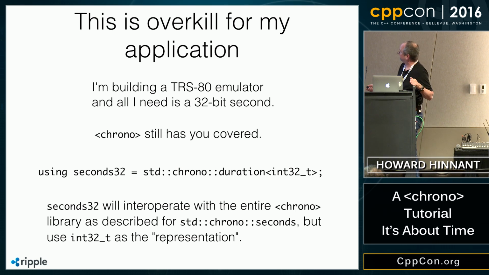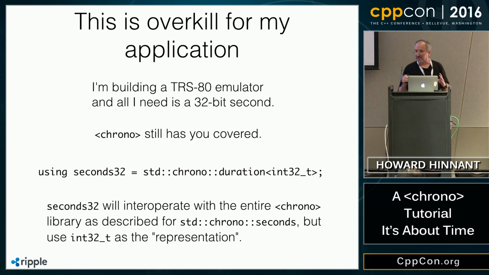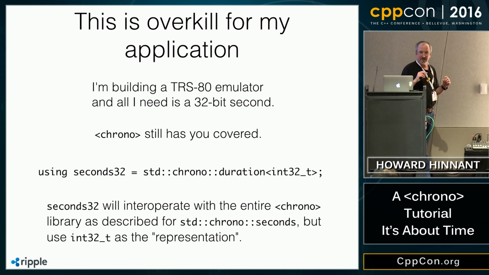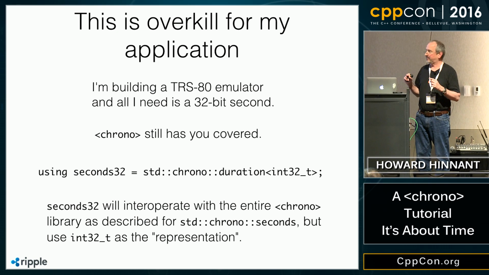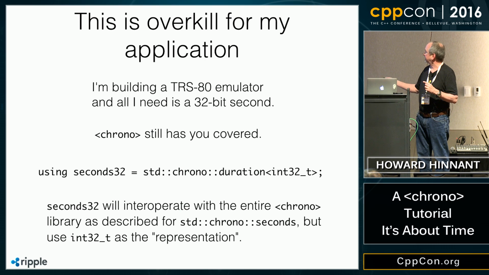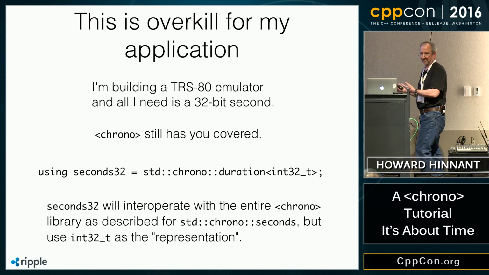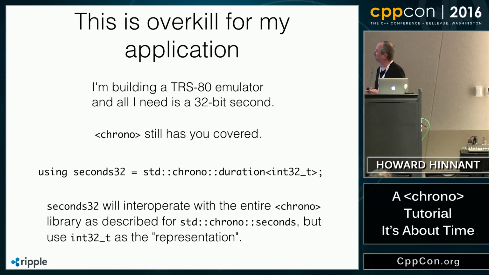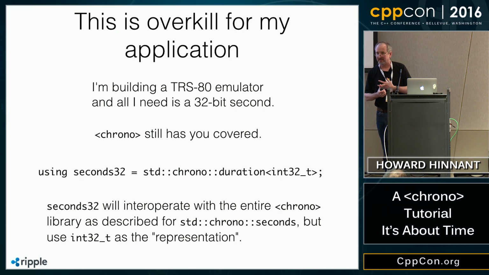There's this template in Chrono called duration, std::chrono::duration, and as its first template parameter, it takes what I call the representation. And you can pass into that representation a 32-bit int. This is the same thing as a typedef for those who aren't used to the using syntax of C++11 and 14. So this creates a typedef called seconds32 that is a 32-bit seconds representation.